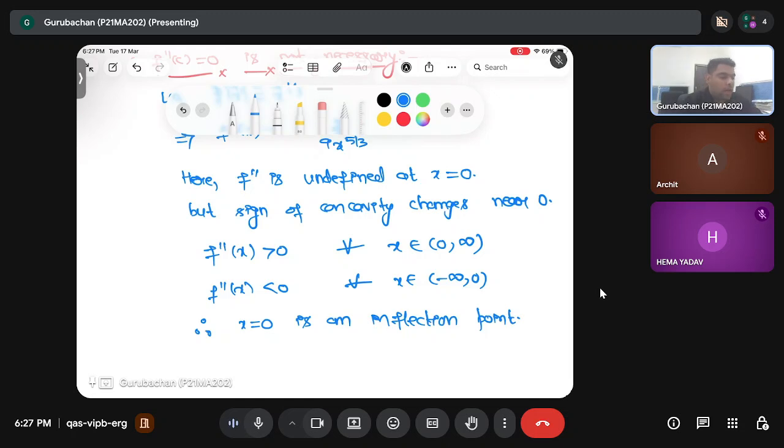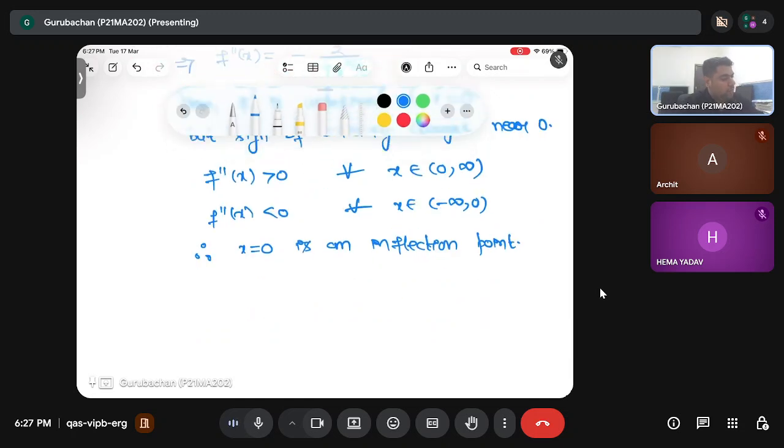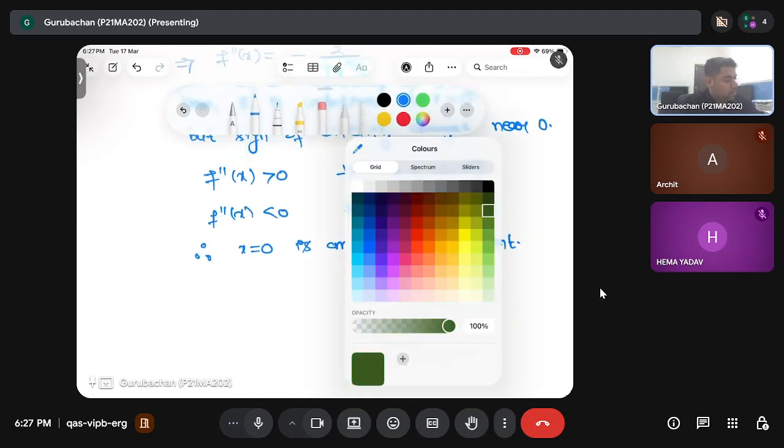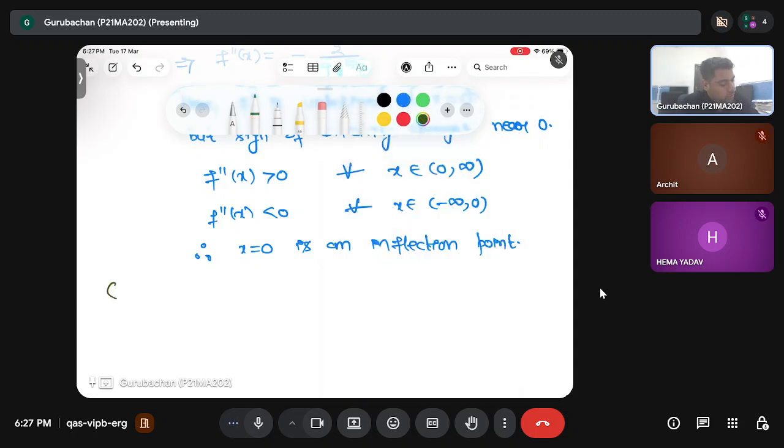Hence from the above discussion we can write the correct or appropriate approach to find out the inflection point, which is as follows. First of all, we compute f double dash x.